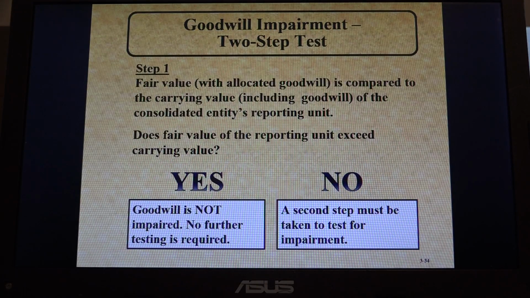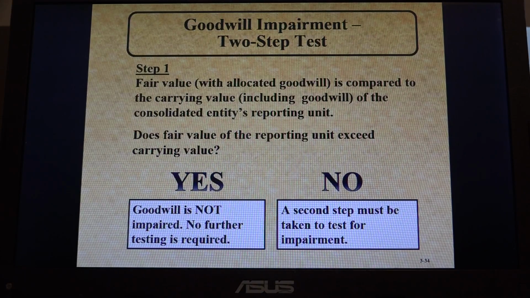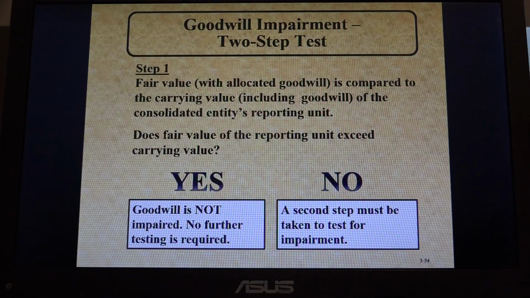Okay, so step 2 is where we test for impairment, our quantitative test.